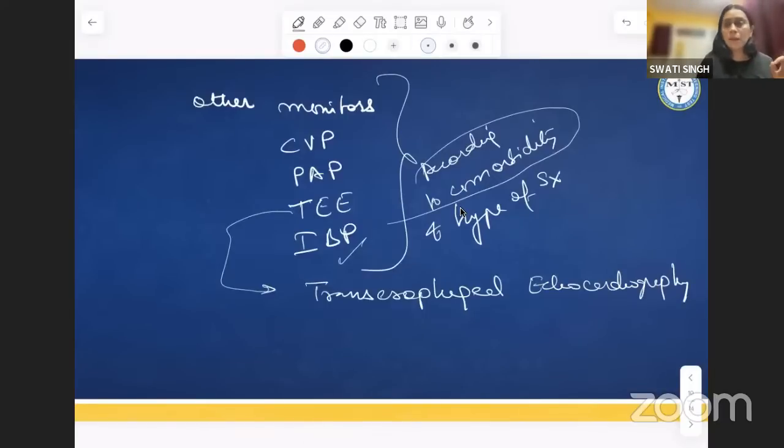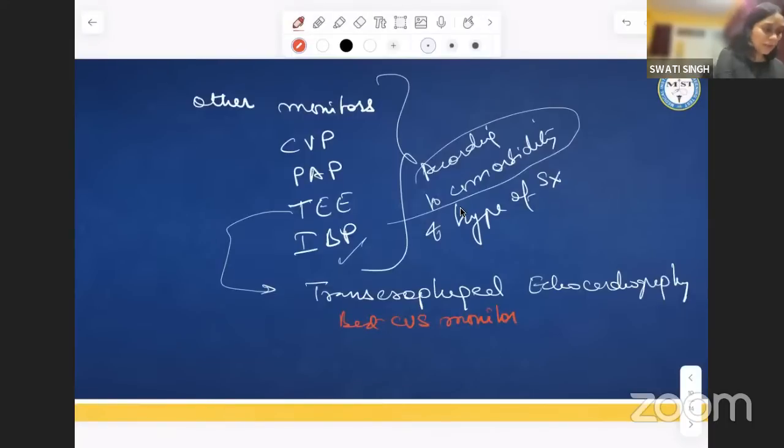Number 1, this is the best perioperative cardiovascular monitor. So in case of any cardiovascular comorbidity, if I want to attach a monitor, I can attach this monitor. This is the most sensitive perioperative cardiovascular monitor. So this is, guys, the best cardiovascular monitor we attach intraoperatively.